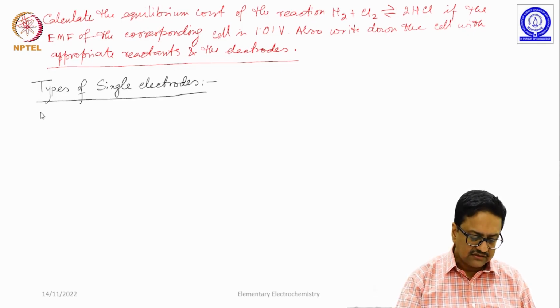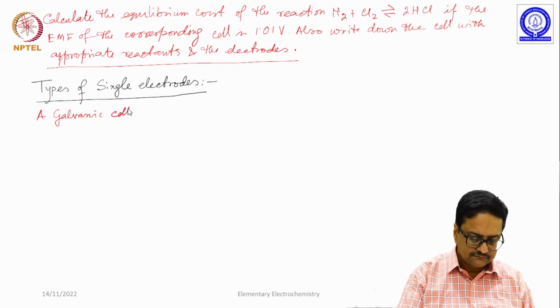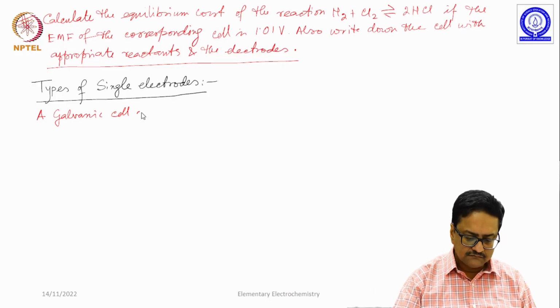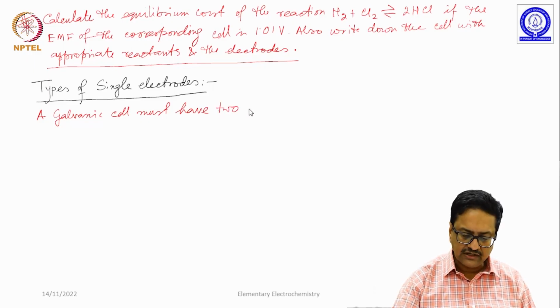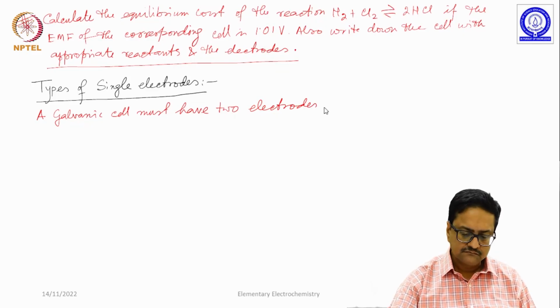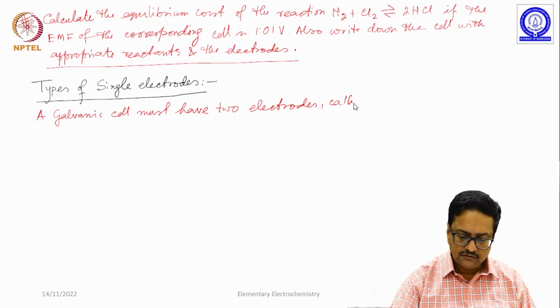As you all know that a galvanic cell must have two electrodes, cathode and anode.